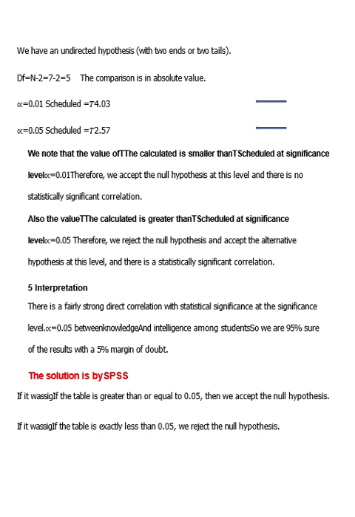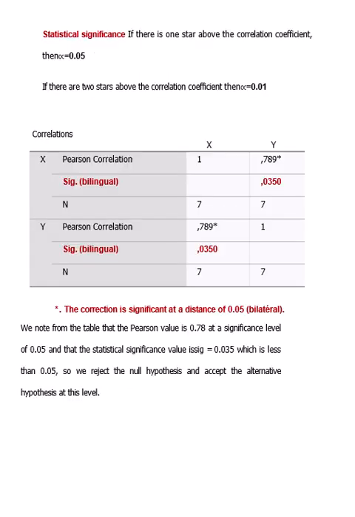The solution by SPSS. If the Sig value is greater than or equal to 0.05, then we accept the null hypothesis. If the Sig value is less than 0.05, we reject the null hypothesis. Statistical significance. If there is 1 star above the correlation coefficient, then the significance level equals 0.05.